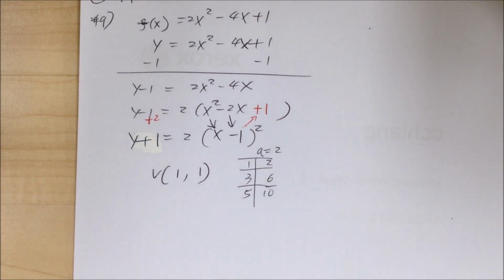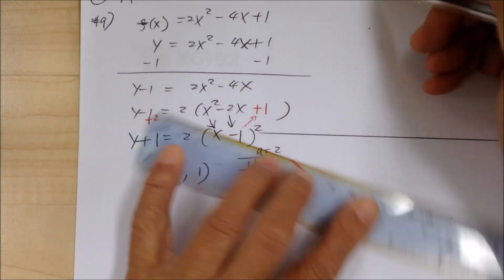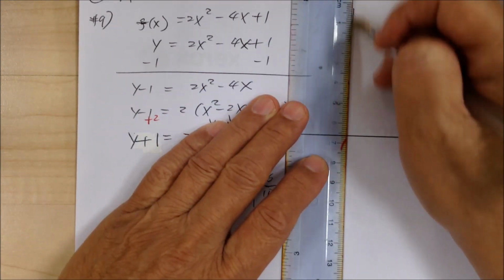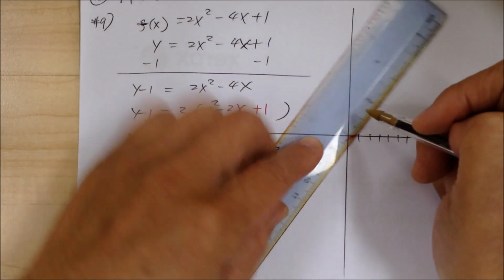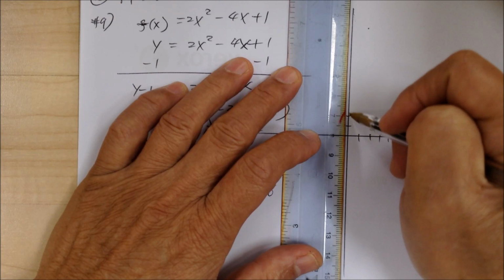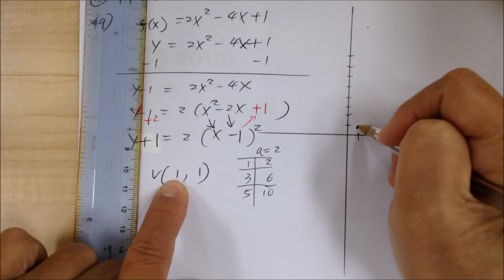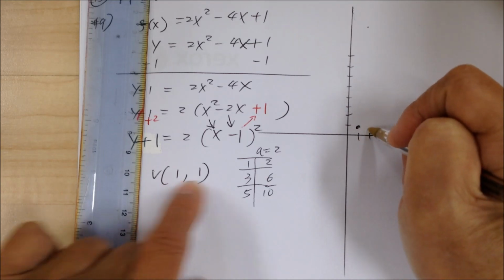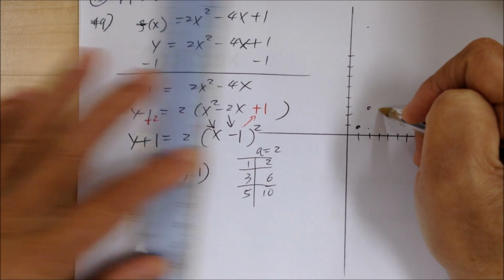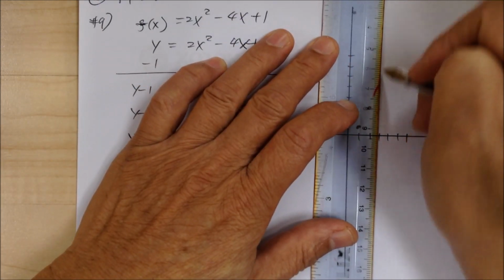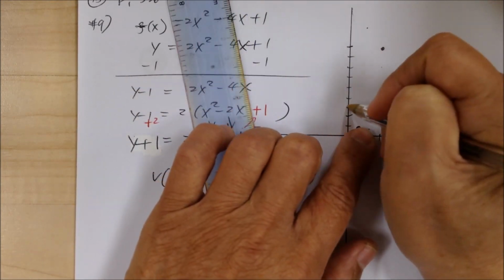So when you're doing your graphing, your vertex is 1, 1. The first time you go over, you have to go up 2. Next one you go over, you have to go up 6. And the other side would be just symmetrical.